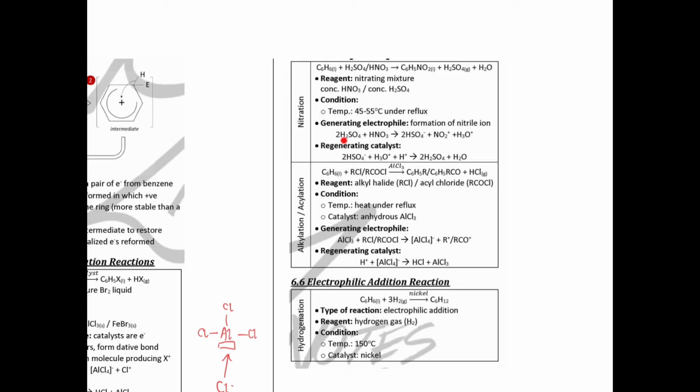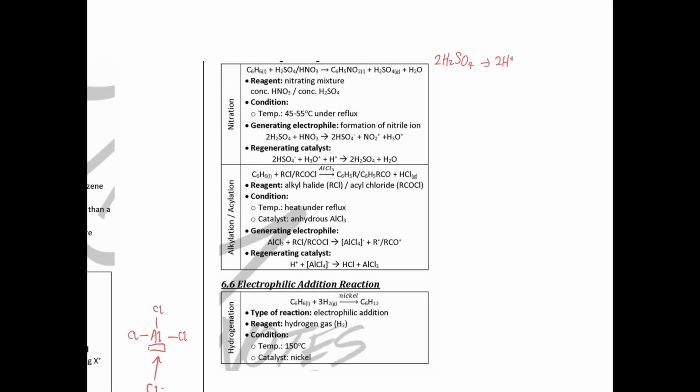So the stronger acid will act as the acid and donate a proton, becoming HSO4. Let me write an equation at the side here: 2 sulfuric acid form 2H plus, donating protons, plus 2HSO4, hydrogen sulfate.